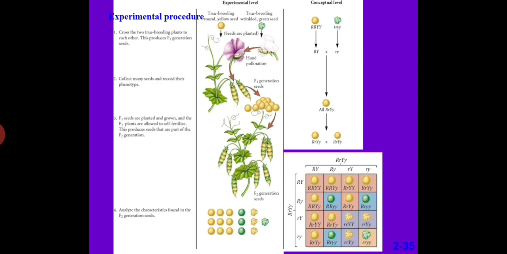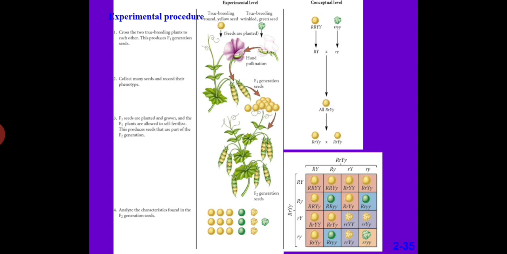First, he took a round yellow plant and crossed it with a green wrinkled plant. In the F1 generation, he got only round yellow plants. All the plants are round yellow. Then he self-pollinated the F1 hybrid. It produces 16 different plants.